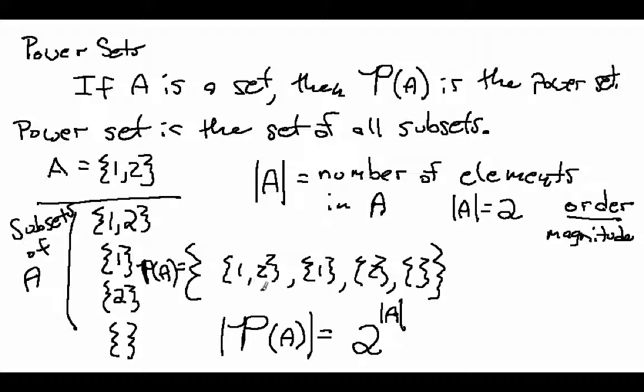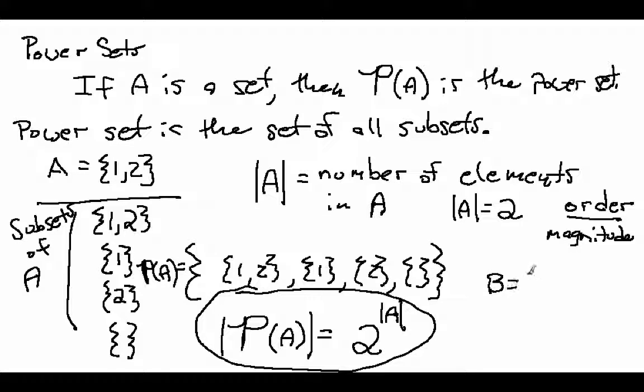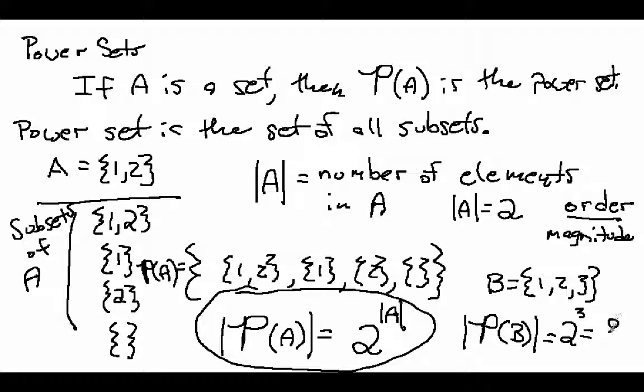This is very important right here. So think about what that says. That says that if I have B equal to {1, 2, 3}, then the size of the power set of B is equal to 2 to the third, which is 8.